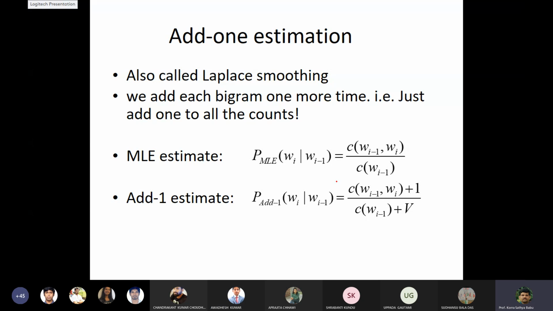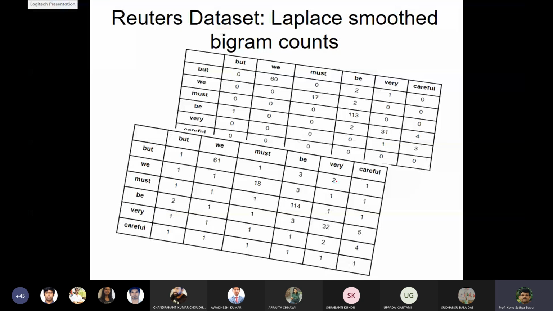If you see here, from the Reuters data set, the Laplace smoothed bigram counts: on the top table you see the simple bigram counts of these two-word combinations. And here you see the Laplace smoothed bigram counts.